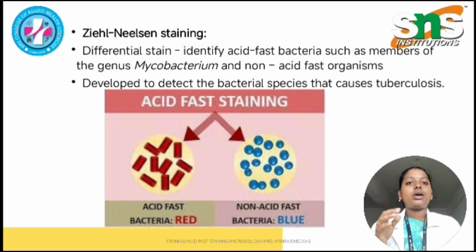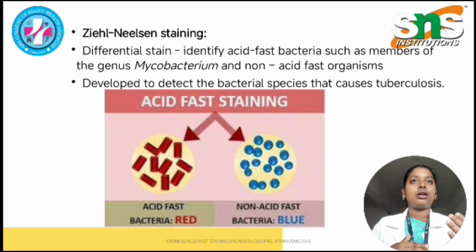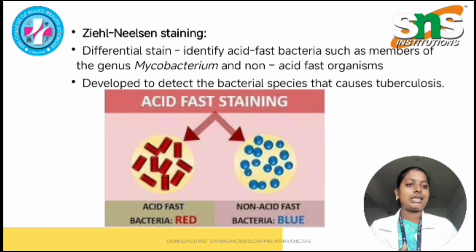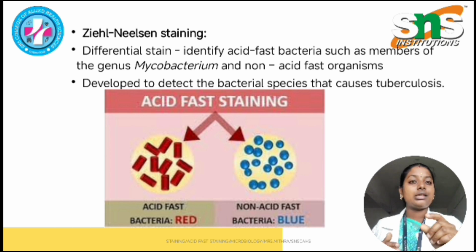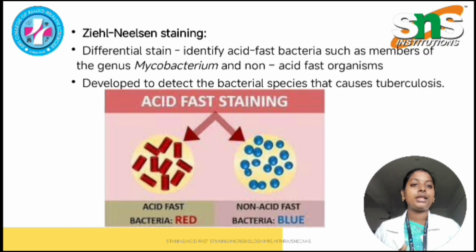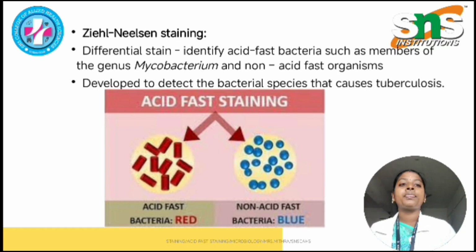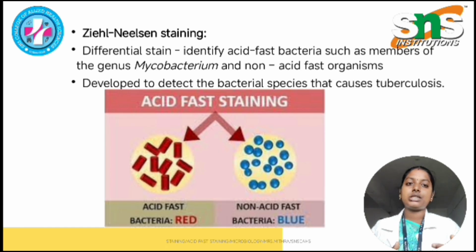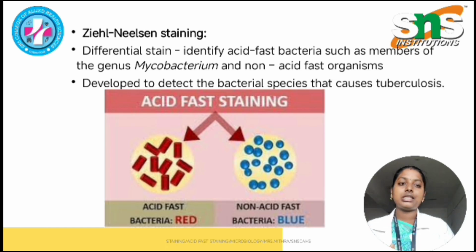Okay, so a very good example of acid-fast bacteria is Mycobacterium tuberculosis. And the second point, you could see it was developed to detect the bacterial species that cause tuberculosis. So you need to know the tuberculosis causative agent is Mycobacterium tuberculosis. So this Mycobacterium tuberculosis is a very good example of acid-fast bacteria.